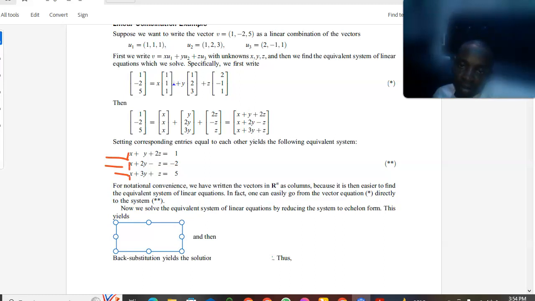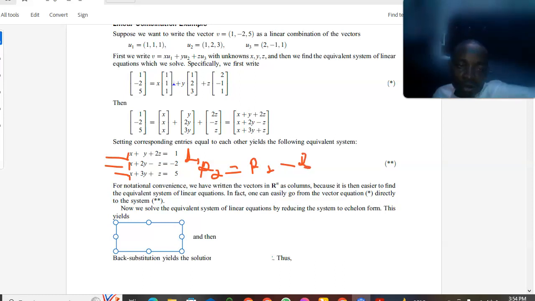I just say row 1 should remain row 1, and row 2 becomes row 2 minus row 1, and the same thing goes for row 3: row 3 will be row 3 minus row 1.